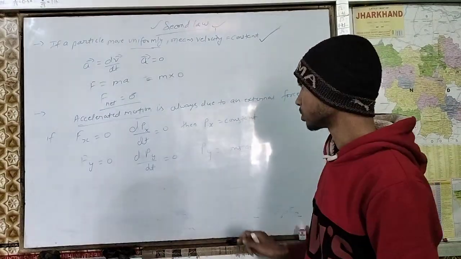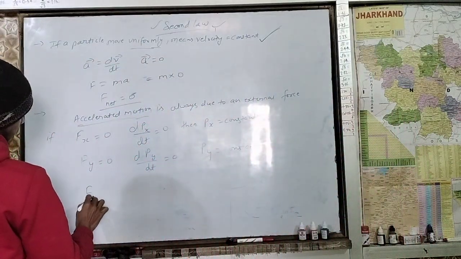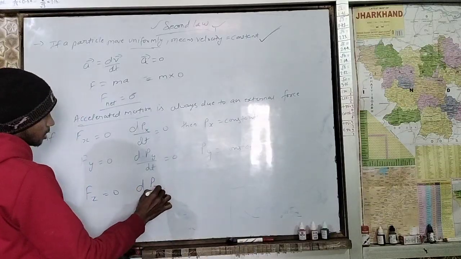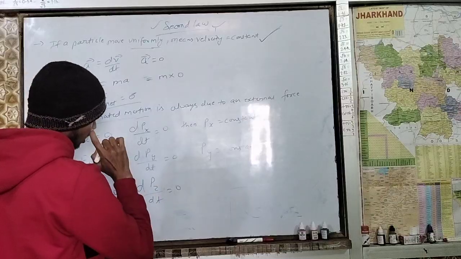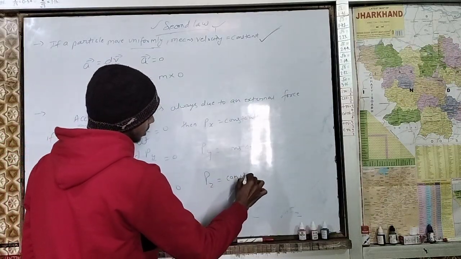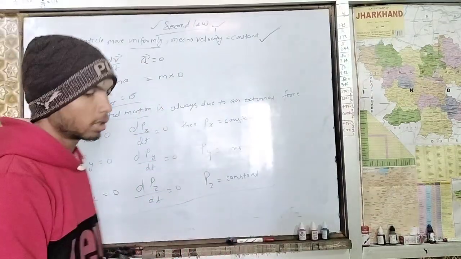x, y, z are coordinates. So if Fz is equal to zero, it means dpz upon dt is equal to zero. From here we understand pz is a constant. Clear? What are we understanding?